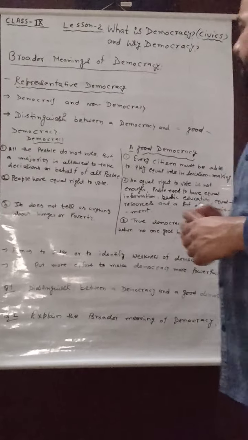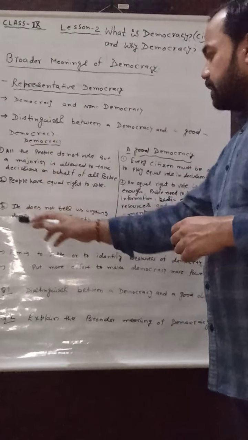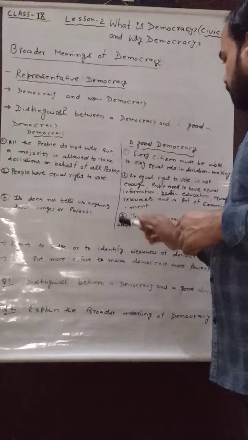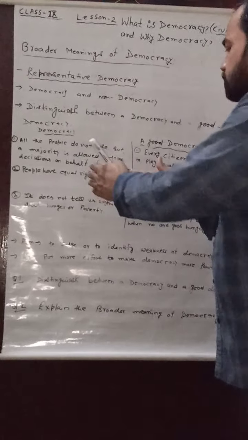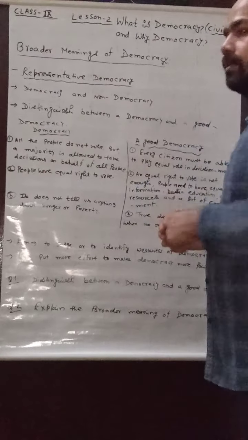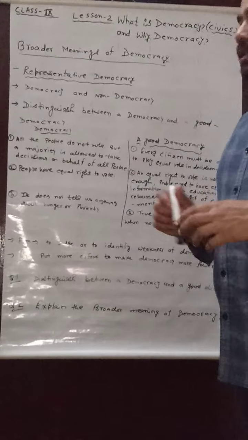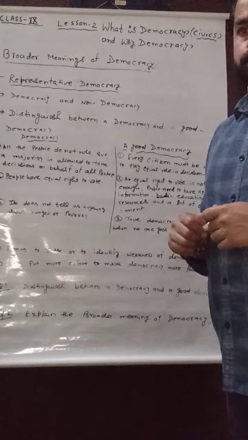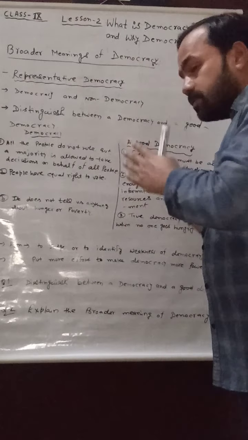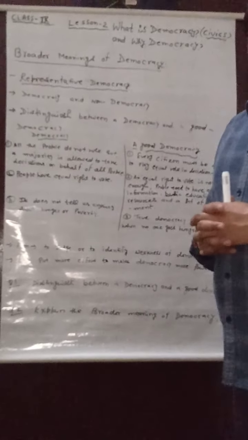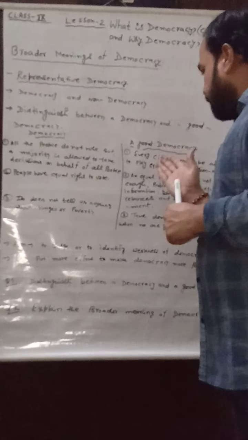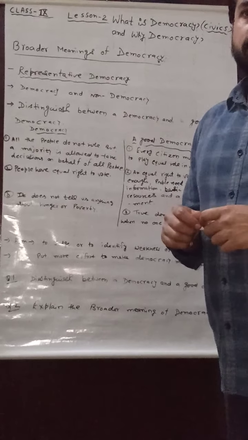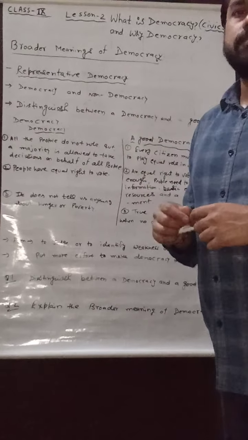Students, here you will find that in democracy these are the conditions, and in a good democracy these are the conditions. When we discuss the difference between democracy and a good democracy, we find that these all are ideals. When we compare with these ideals of a good democracy, then we cannot find any country in this world that is fully a good democracy.